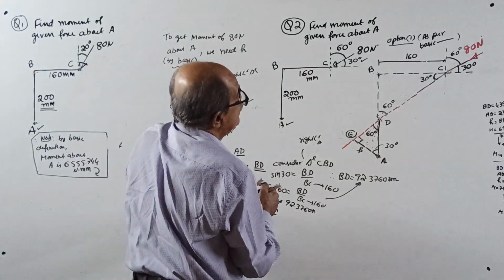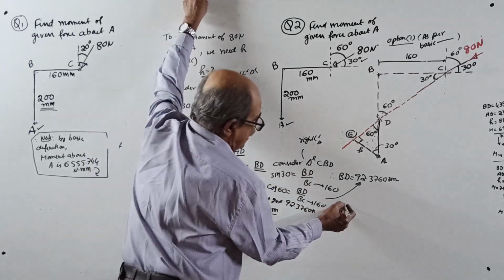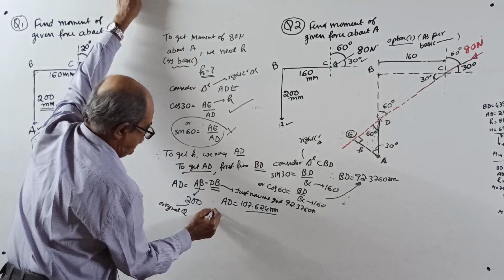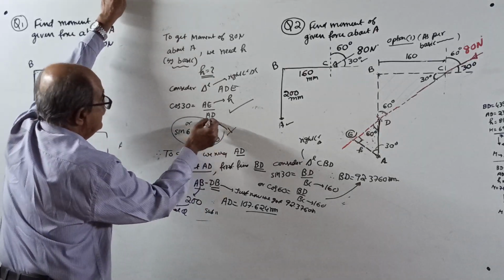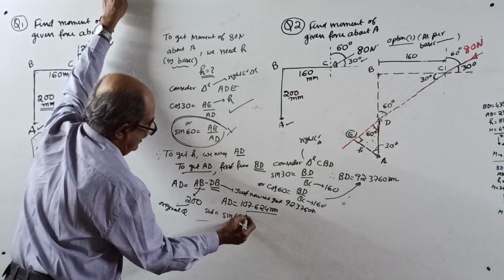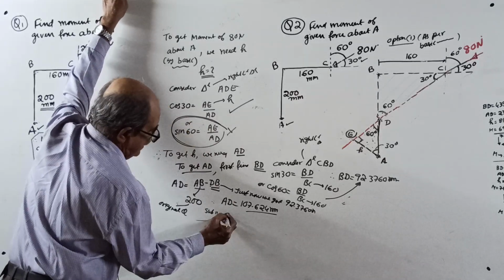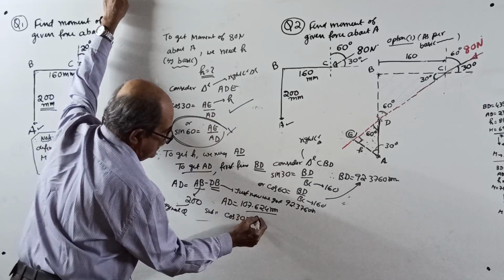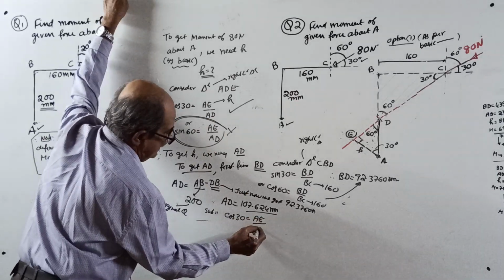Now, substituting in cos 30, which we have decided on: cos 30 equals AE divided by AD.